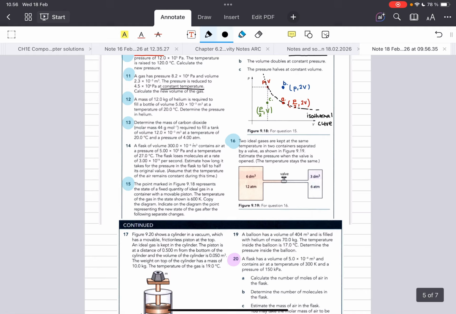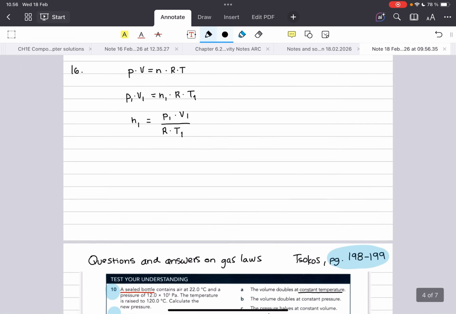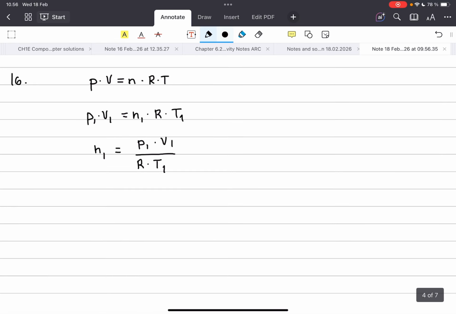If I'm not mistaken, it says constant. Yeah, they are kept at the same temperature. So we need to keep that in mind. The temperature stays the same. So we just need to remember that R and T1 are constant, right?